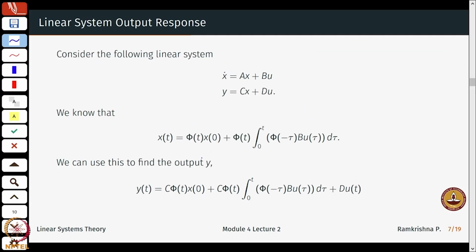Okay, so once I know this, I can compute x of t. Not only that, if I have the expression for output, where y could be some p-dimensional vector and C and D being of appropriate dimensions, y can be computed once I know the solution to x.